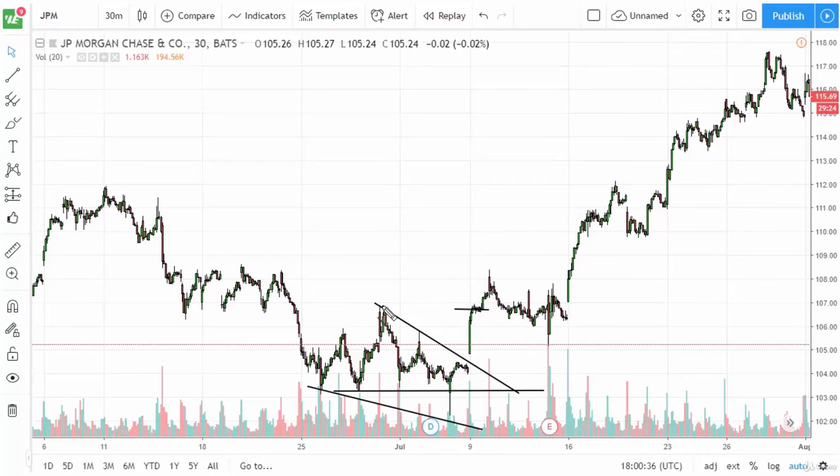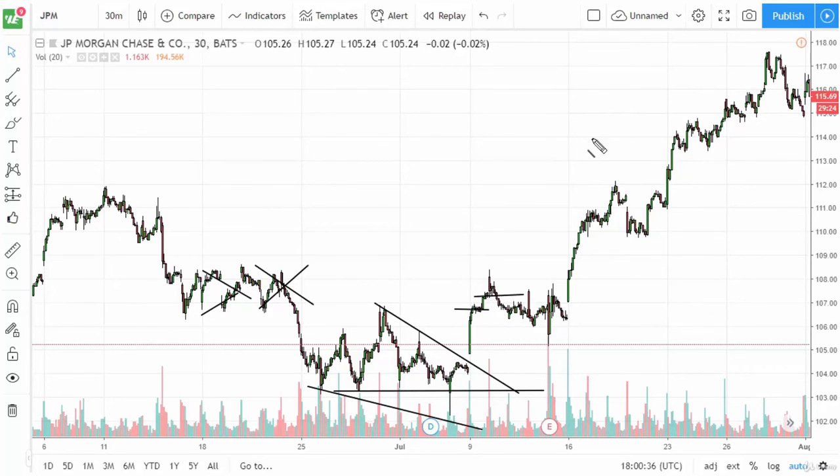The height would have been about $3. So from 104 to 107 is what we're looking for. So right there would have been your target either way. And of course, there was resistance in this messy trading over here. So there are a lot of different reasons and a lot of different ways to trade these.